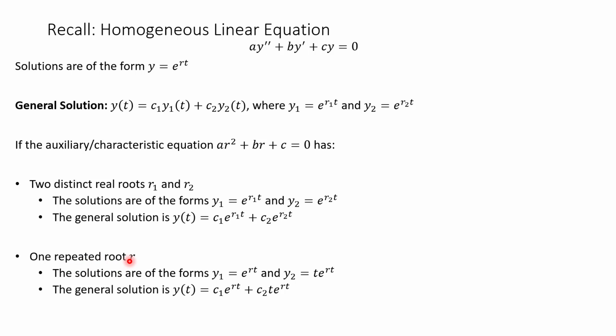So let's say you have your auxiliary equation and you get the answer r equals something, and you get that twice, then your general solution is changed a little bit. Notice you have an extra t here. So recall when you have a repeated root, one of your terms of your solution has an extra t: C1 e to the rt plus C2 t e to the rt. Okay, so those are things we've talked about previously.